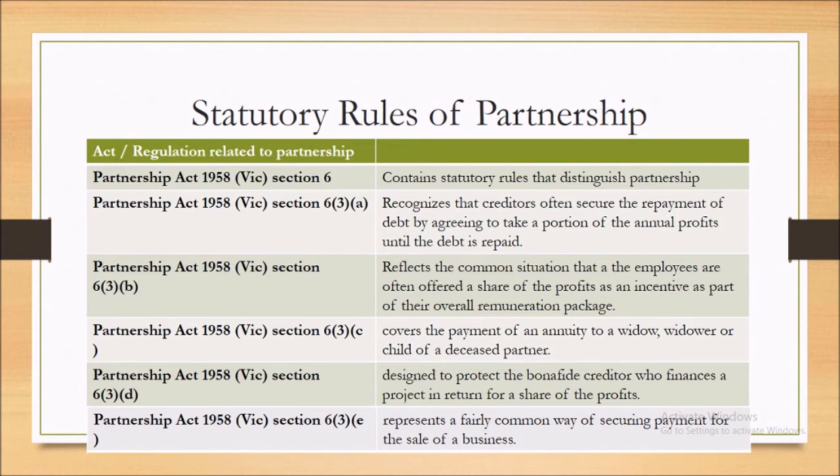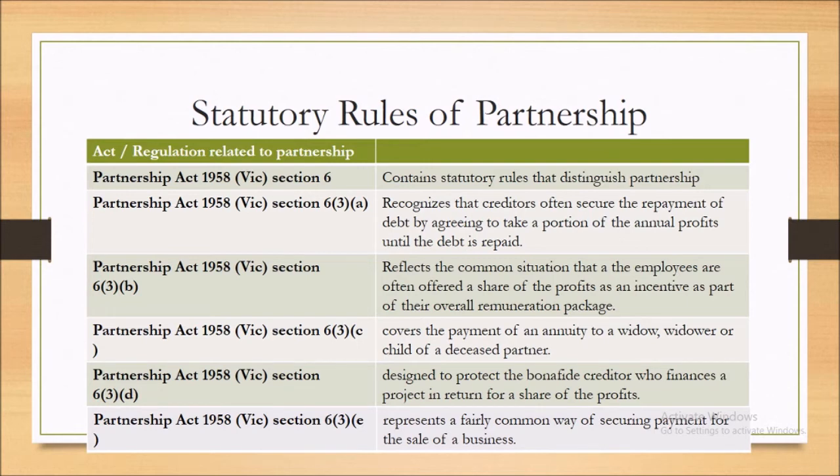That particular part is governed by Section 6(3)(b) of the Partnership Act of 1958, and it provides that employees are often offered a share of profits as an incentive as part of their overall remuneration package, but they do not thereby become partners of this business. There are many provisions made by the Partnership Act of 1958 under Section 6(3)(b).